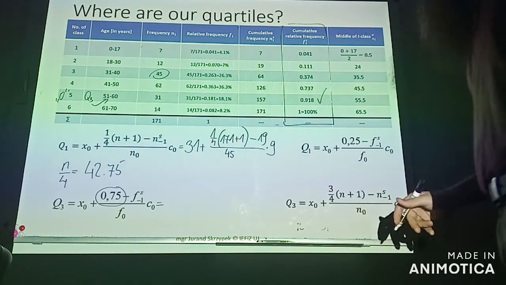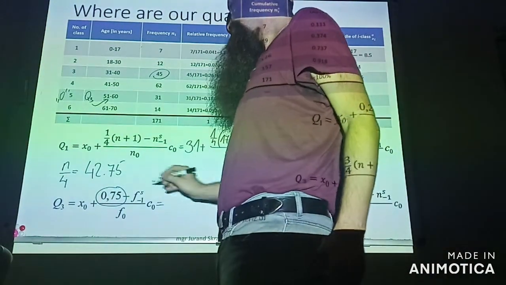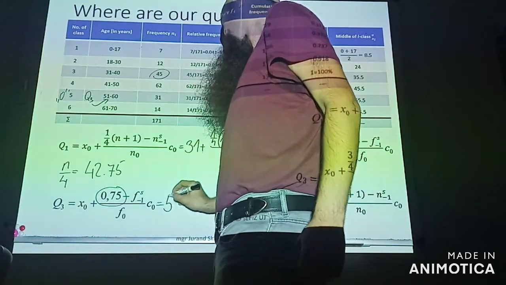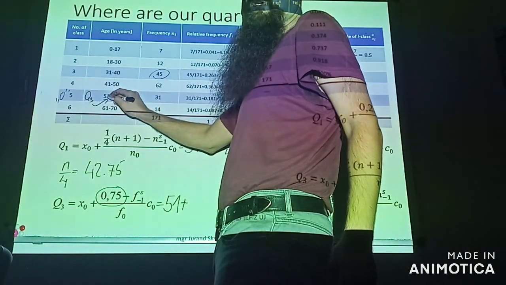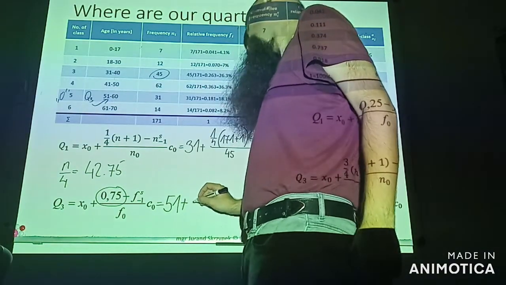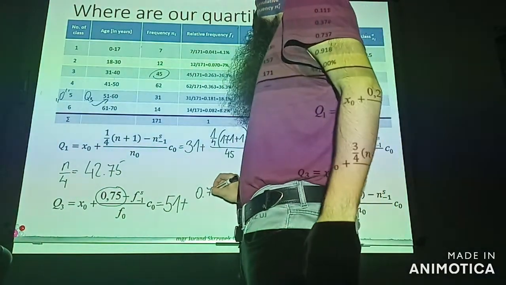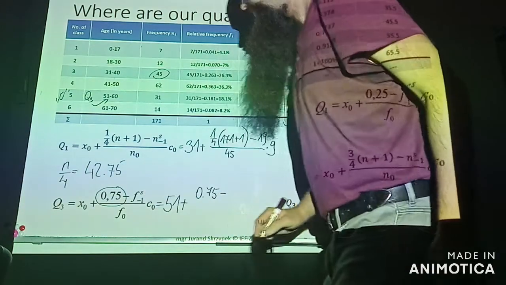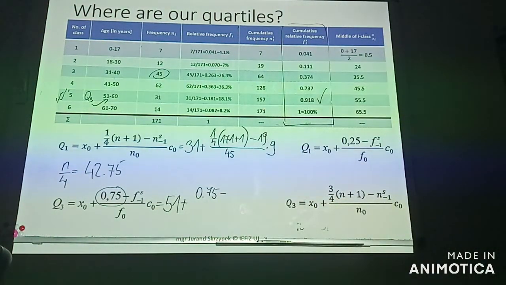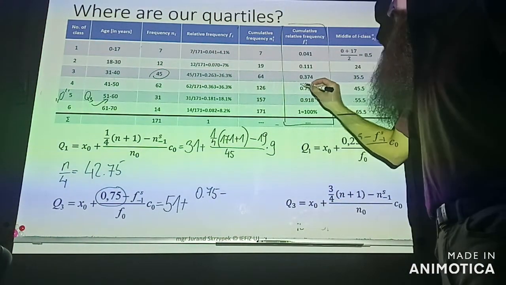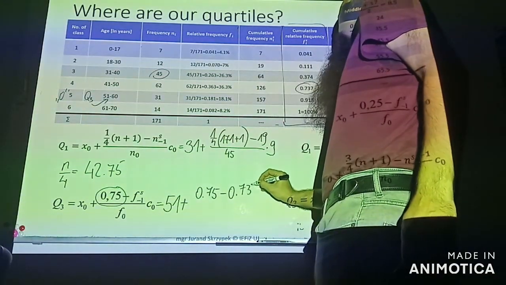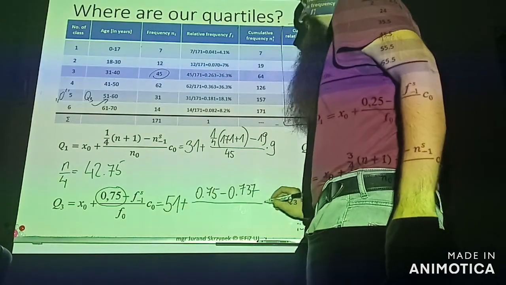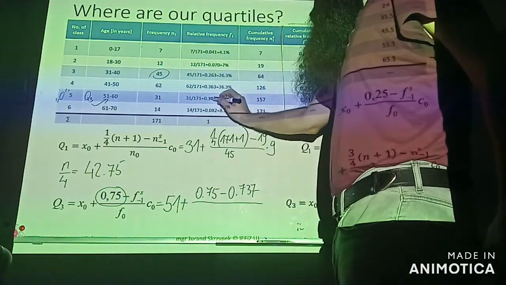For this reason, we have X0 is 51, the lower bound of the third quartile class, plus 0.75 minus the cumulative relative frequency from the previous class, 0.737, divided by F0.